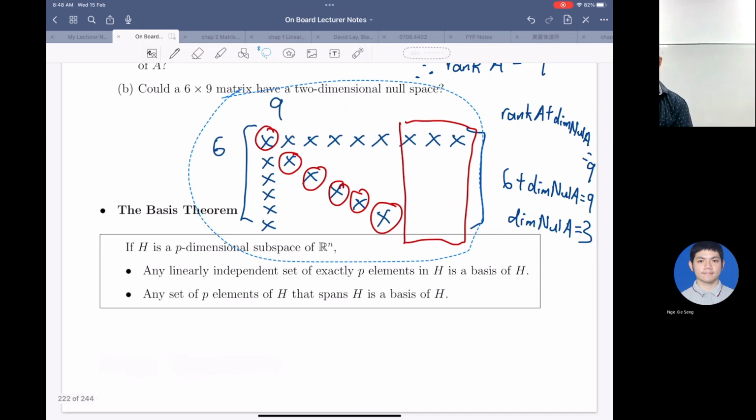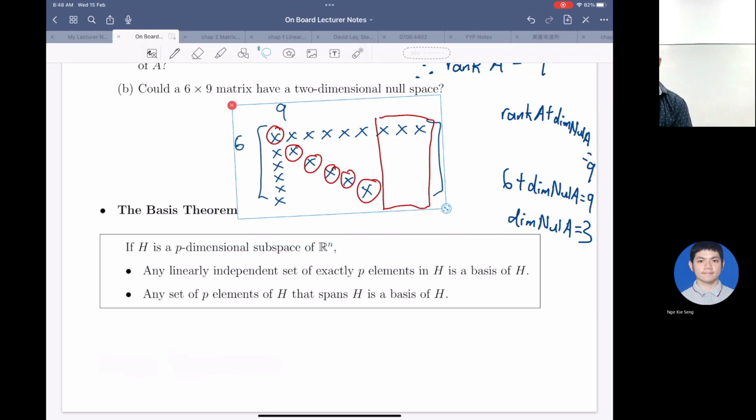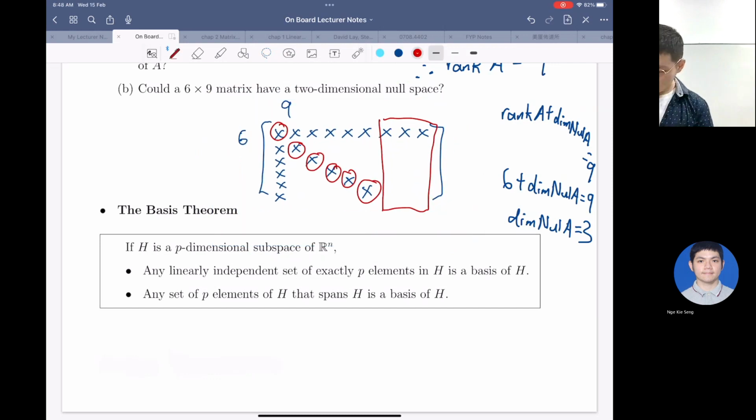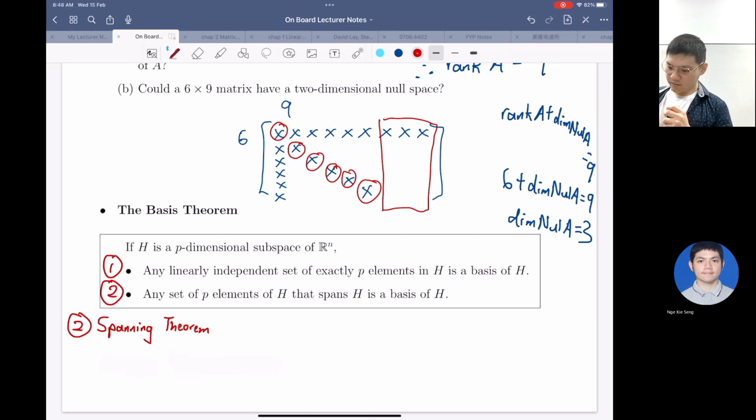Let me squeeze this thing down. Maybe let's start with number 2. Before this, we should have a spanning set here.